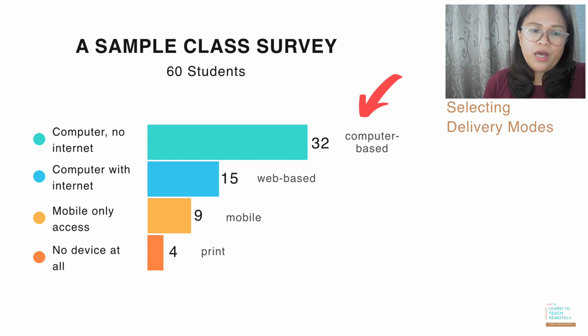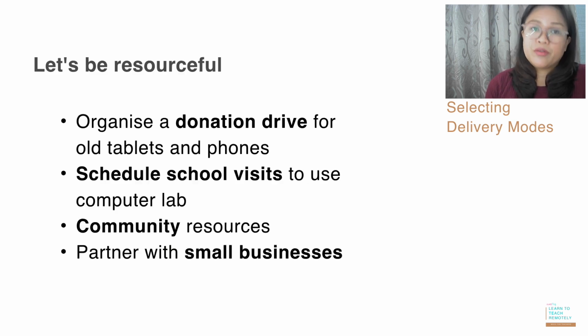So, what are the other ways to help students access the digital materials? The rest of the students who cannot access the internet can be given printed modules or lent tablets so they can view the multimedia materials offline. Another way is to schedule school visits to allow them to go online using the school computers.